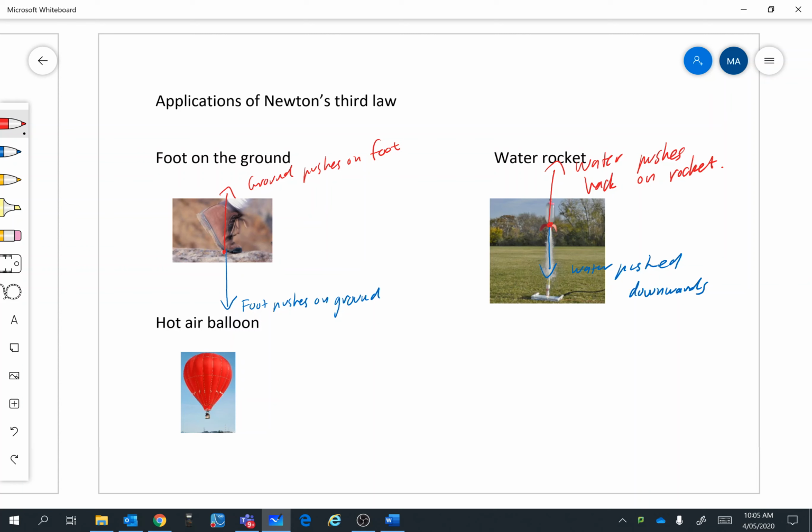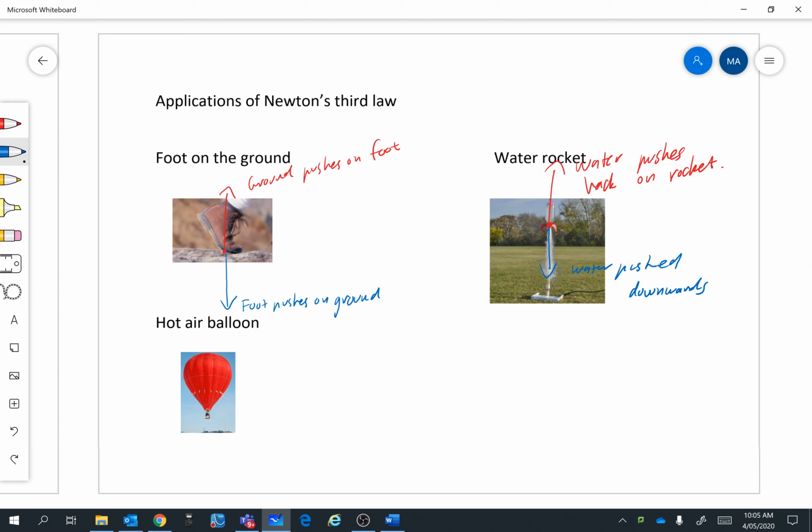A hot air balloon. Now, in a hot air balloon, the person operating the balloon will create some heat down here, right near the bottom of the balloon. That heat leads to some hot air being released inside the balloon, and of course that creates an upwards thrust because warmer air will rise.